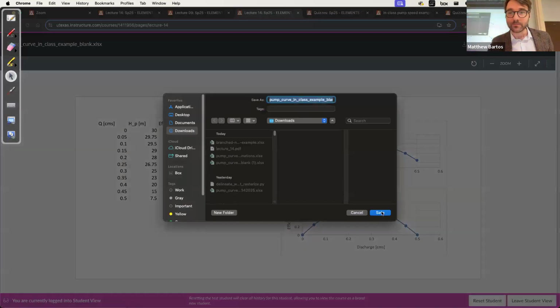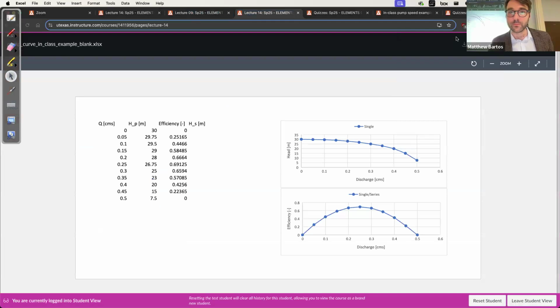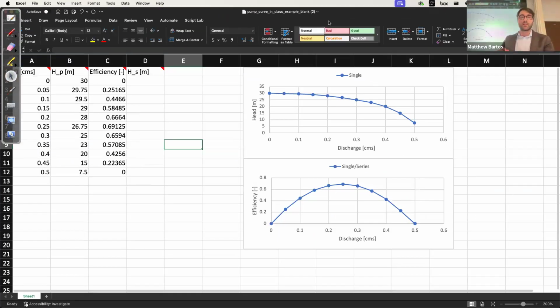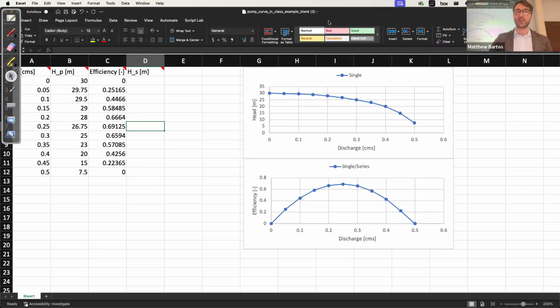All right. So first thing we have to do is probably compute the system head curve. That's given by the problem statement. So what is our expression for the system head curve?